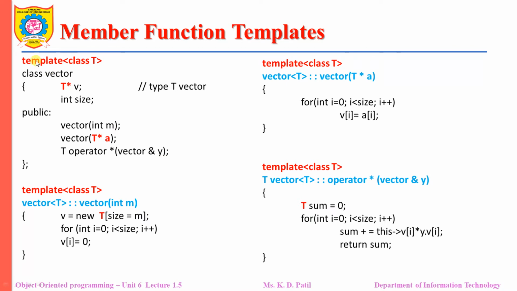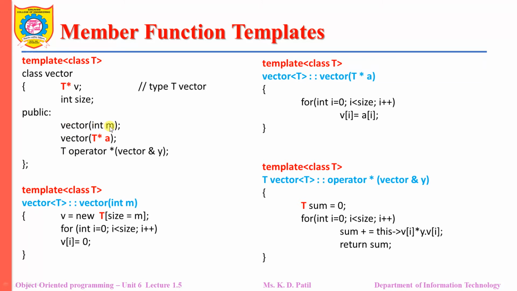Here we have a class template. Here we have class vector with a parameter of generic type T, and inside that we have the private data members, that is V and size. Size is of type integer whereas V is of type T, a vector, and here we have the member functions.